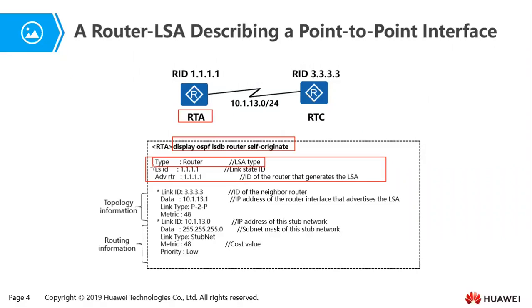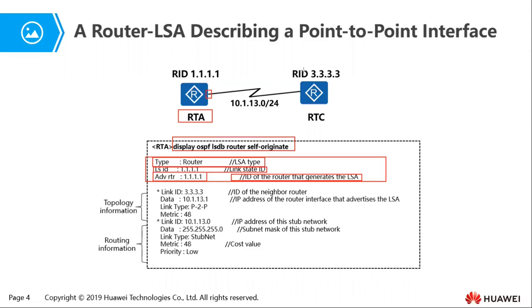Then the link state ID. The link state ID really is supposed to describe the interface via which that LSA has been advertised, but most of the time it uses the router ID as the value for the link state ID. Then you have the advertising router, which is the router ID of the router that has generated that particular LSA, 1.1.1.1.